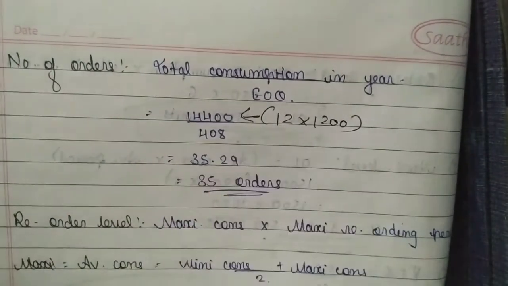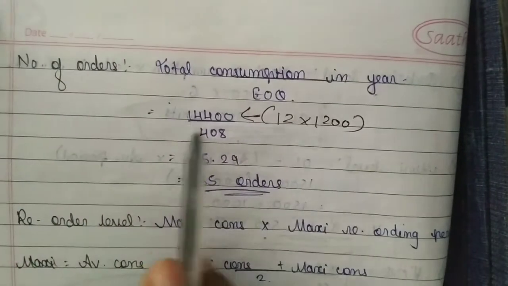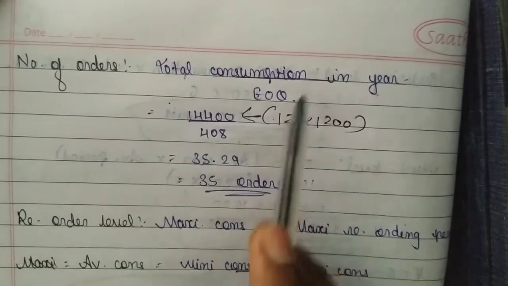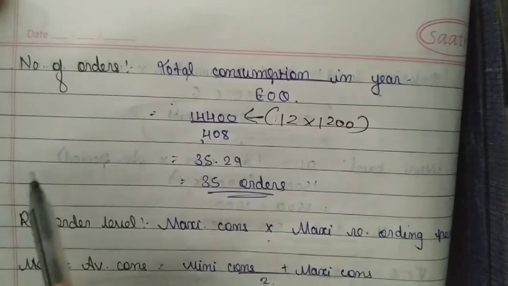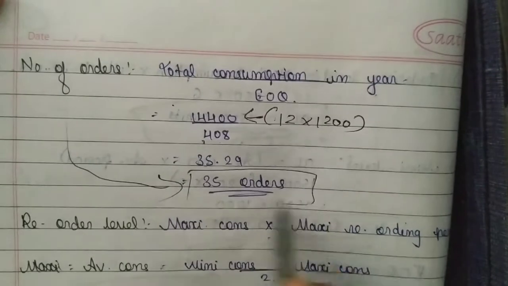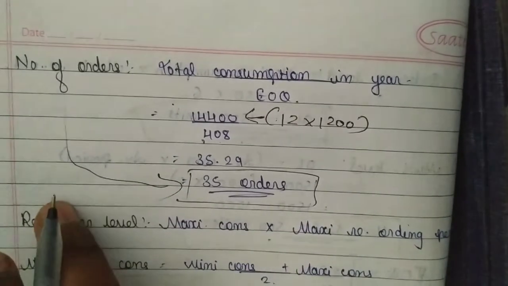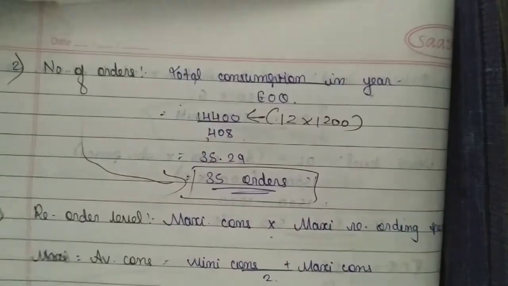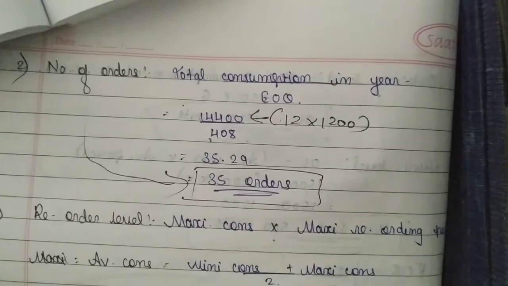So the answer is annual consumption of 14,400 upon EOQ. We have already found EOQ, 408. So the number of orders is around 35 orders to be placed in a year. So the answer of number of orders is 35. It means in one year, you have to place 35 orders.